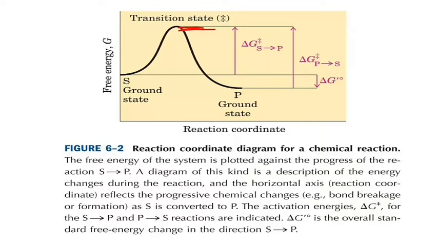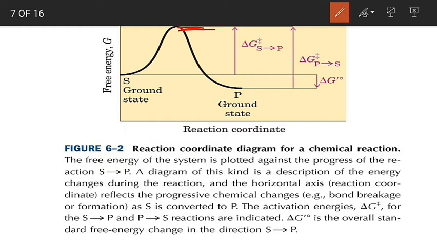That is, it can either form a product or go back to a reactant. The difference between the energy levels of the ground state and the transition state is known as the activation energy, that is, the del G double dagger, the difference between the ground state and the transition state.